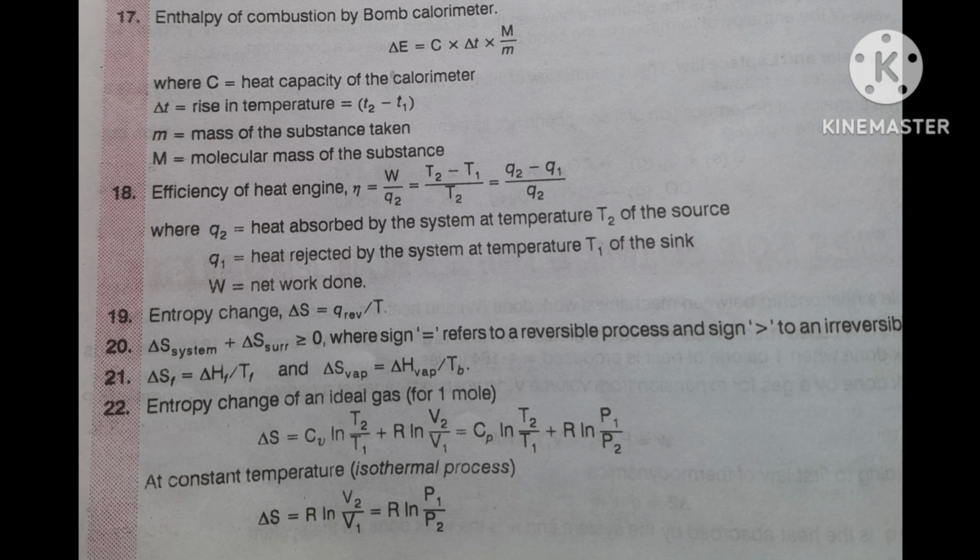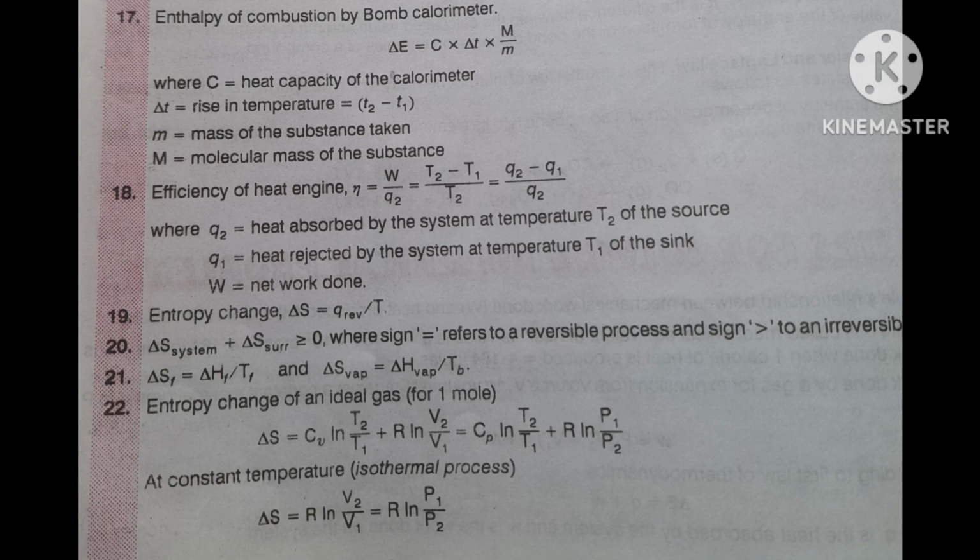Then entropy change of an ideal gas for 1 mole. What is the relation? Listen carefully. Delta S is equal to Cv into ln T2 upon T1. There are actually two terms, and you have to add both.